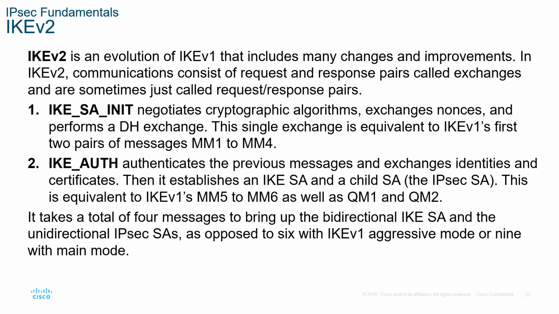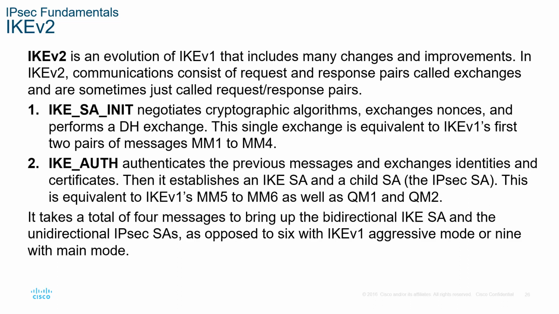We have an IKE SA init. This will negotiate cryptography algorithms, exchange nonces, and perform our appropriate DH exchange. This exchange is equivalent to IKE v1 using MM1 through MM4. Our IKE auth will be very similar to MM5 and MM6, as well as QM1 and QM2.